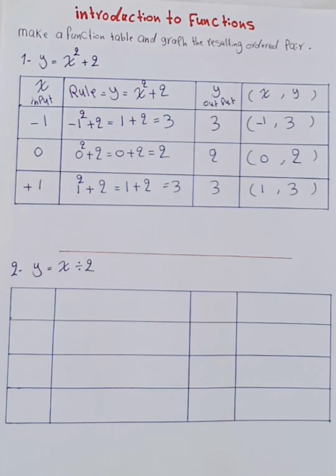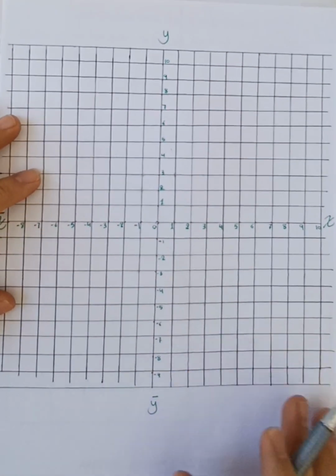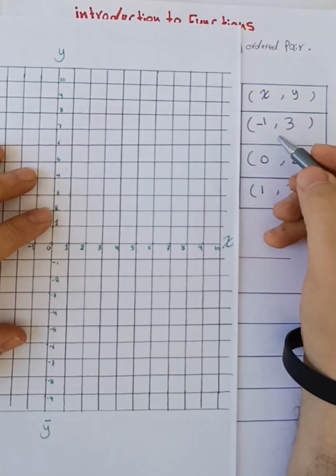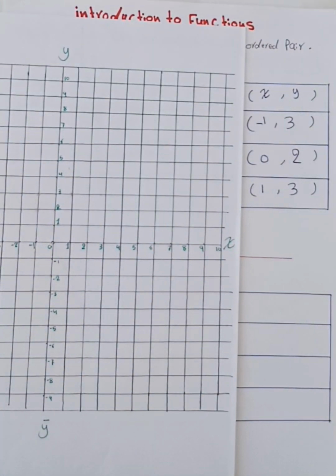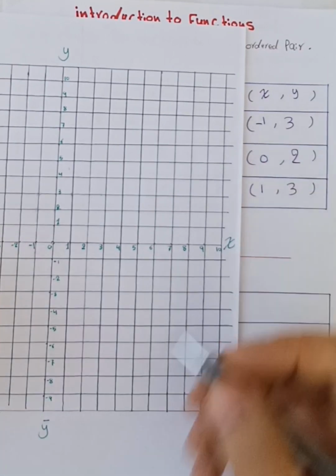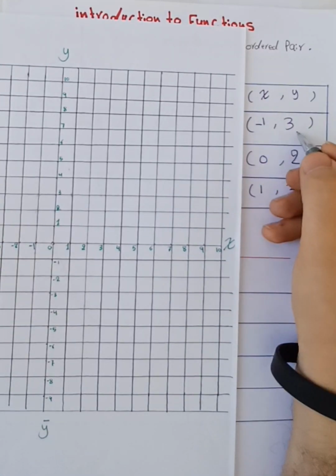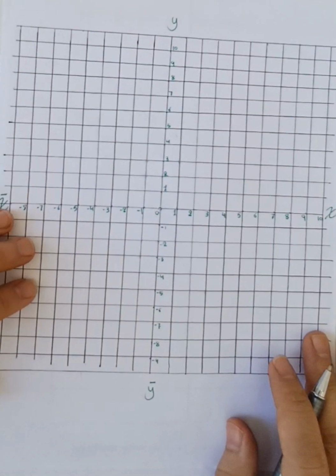And then we have to graph these 3 points on the coordinate plane. So the first ordered pair, we have -1 and 3. It means x is -1 and y is 3.